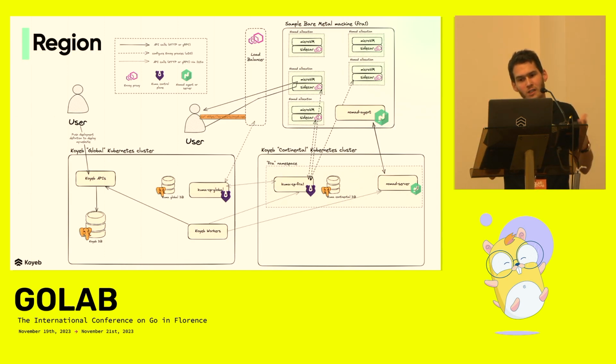On each continent, we are present in North America, Europe, and Asia, we have a Kubernetes cluster, and each of these clusters is responsible for deploying in all the data centers on the continent. So the flow is that we take care of dispatching the orders into each continental cluster.